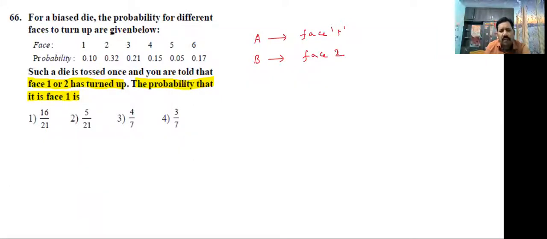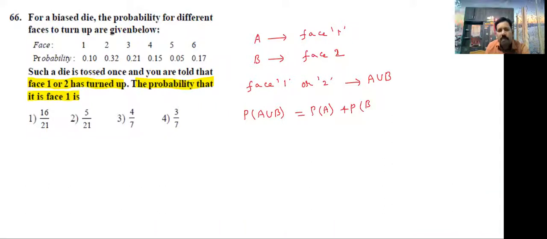Or means what? Face 1 or 2, that means A union B. What is P of A union B? Here P of A plus P of B minus P of A intersection B. See here, probability of A means face 1, B means face 2.